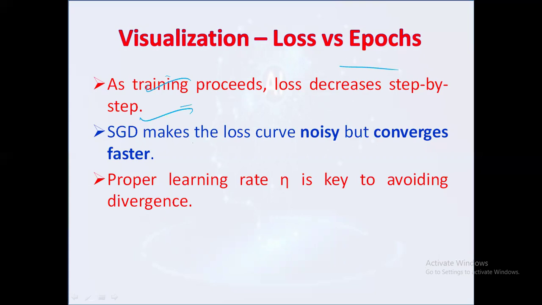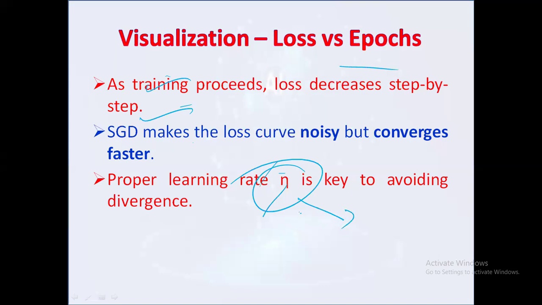Selecting an appropriate learning rate, eta, is critical. Too high may cause divergence, while too low may slow convergence significantly. So we cannot choose either too high or too low.